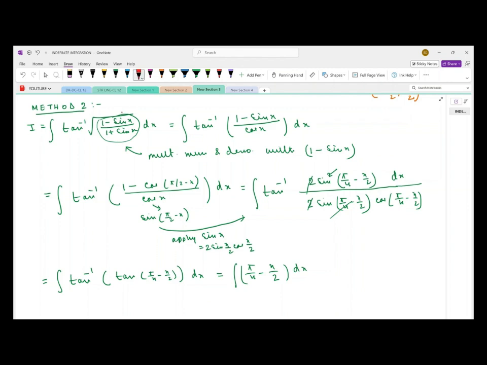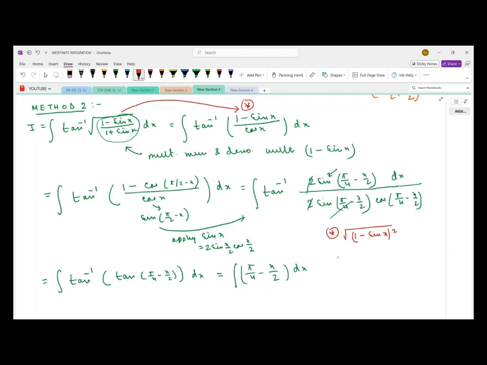The important thing to note is when you multiply the numerator with 1 minus sin x, you got root over (1 minus sine x) whole square, right?